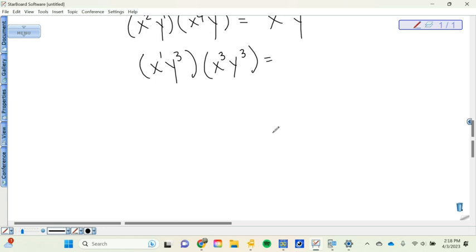Damien, Jocelyn. Shh. So what's the exponent going to be on my x? 4, right? 1 plus 3 gives me 4. And y is going to be 6 because 3 plus 3 gives me 6. Perfect. Okay, how about this?